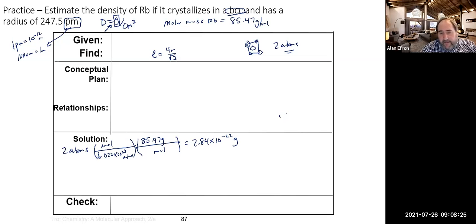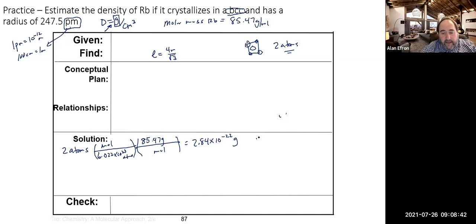Just to show you, last time I went into the length measurement with it in picometers. If you wanted to, you could convert the picometers to centimeters up front and then go into it. So we'll do it that way here to show you it should come out the same.